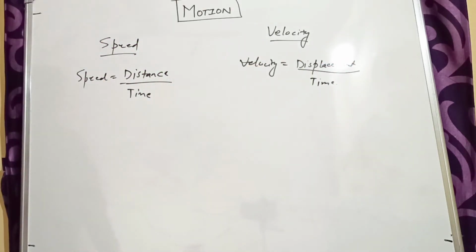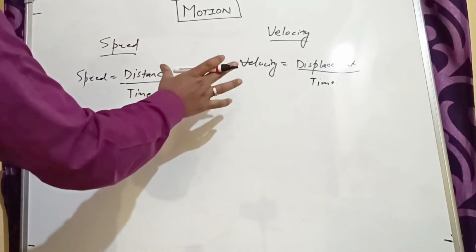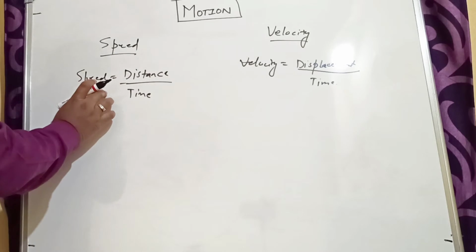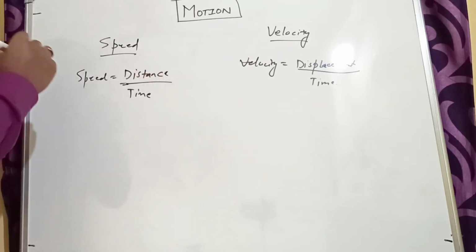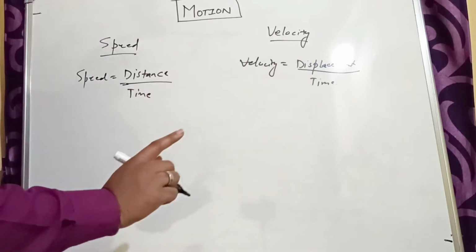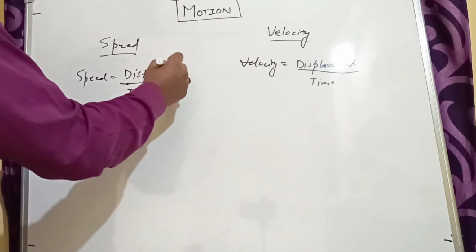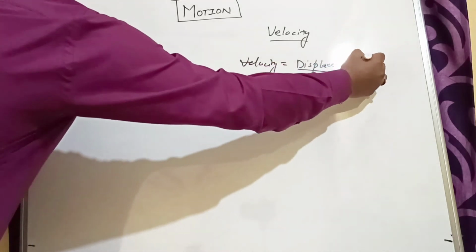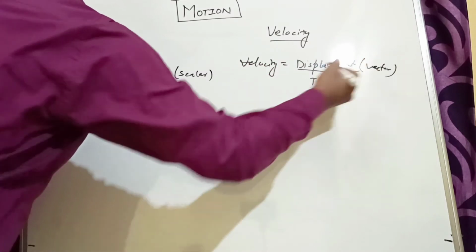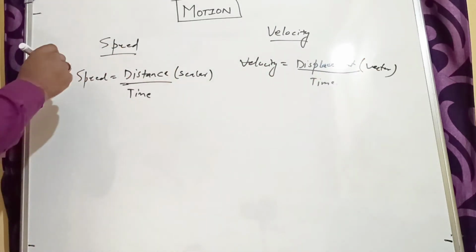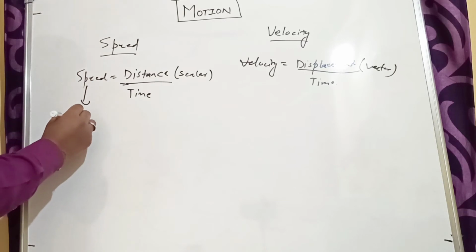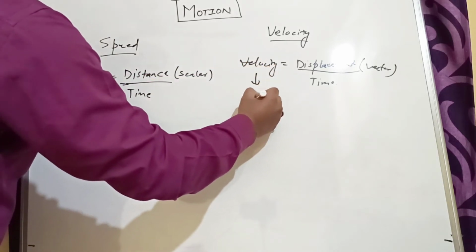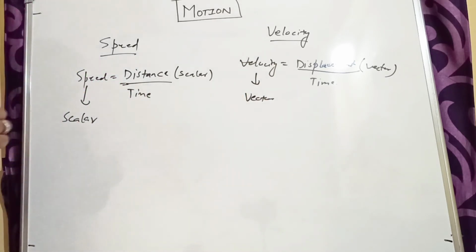These two are similar quantities, but the difference is that speed is distance upon time and velocity is displacement upon time. Therefore, as we know that distance is a scalar quantity and displacement is a vector quantity, the speed is also a scalar quantity and velocity is a vector quantity.